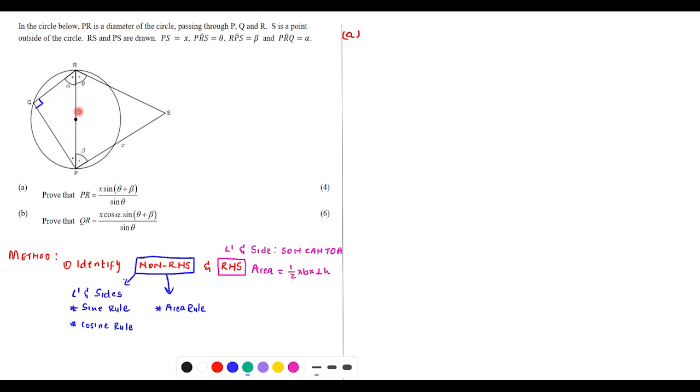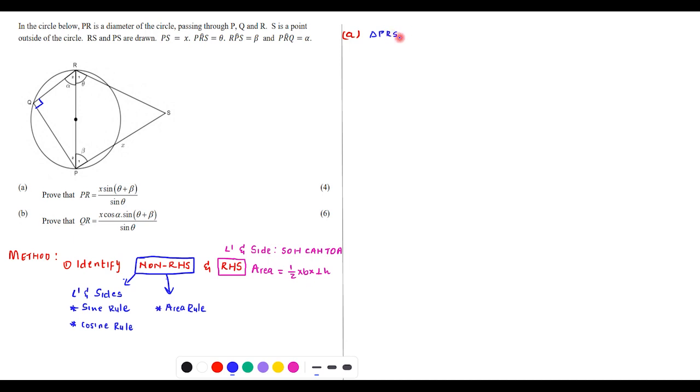Now I know that PR is in both PQR and PRS. The next question I need to ask myself is: between these two triangles, which triangle has more information? As you can see, PRS has more information. So if I want to calculate my PR, I need to focus on triangle PRS.